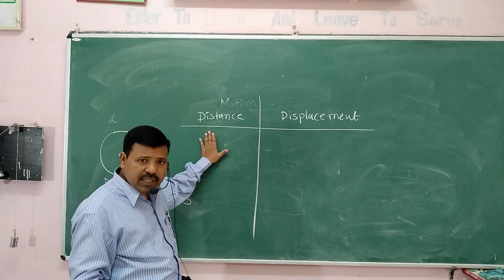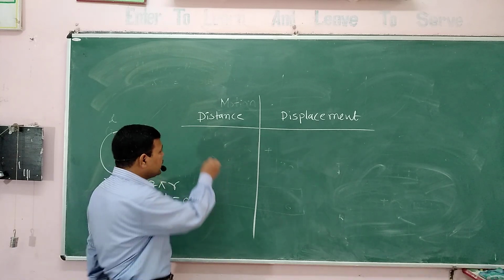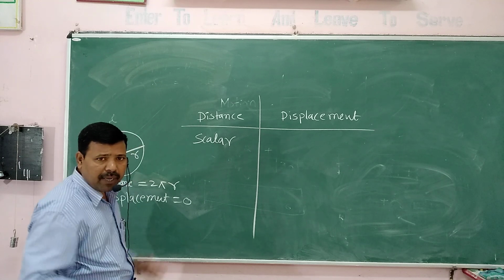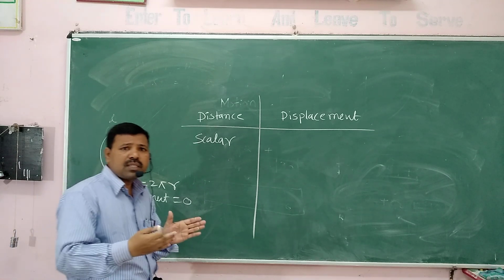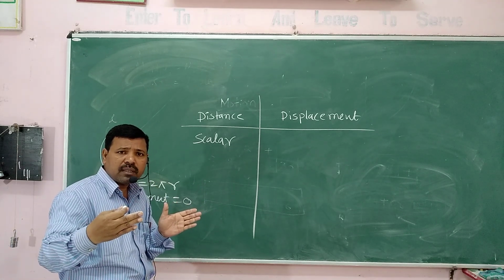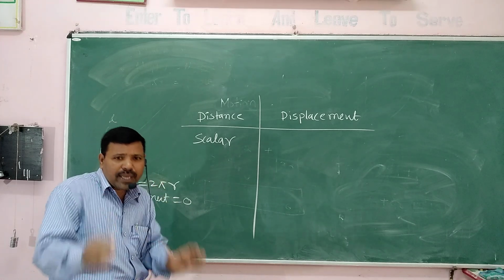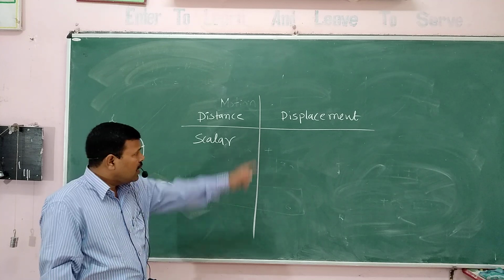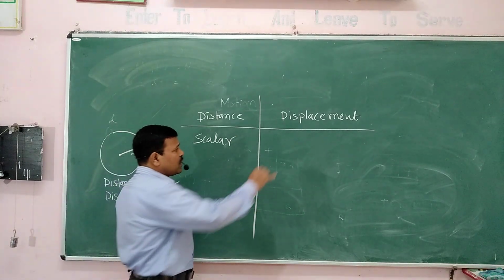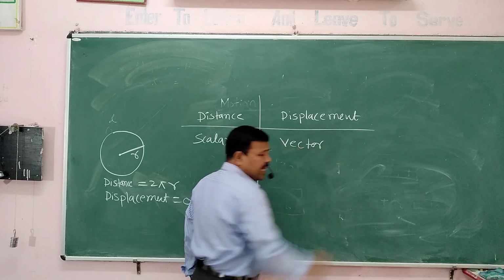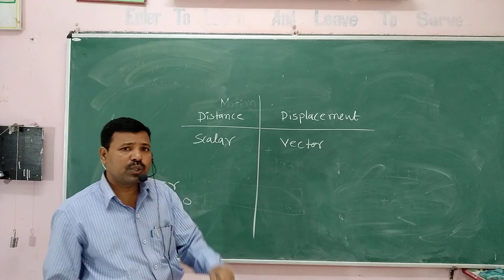Distance is a scalar quantity which has only magnitude. Distance 500 kilometer, 300 kilometer, 20 meter. These are known as magnitudes. Displacement is a vector quantity which has both direction and magnitude.